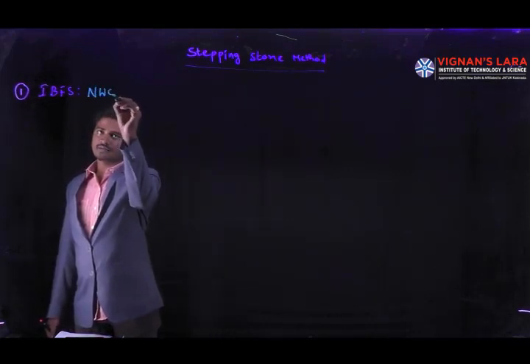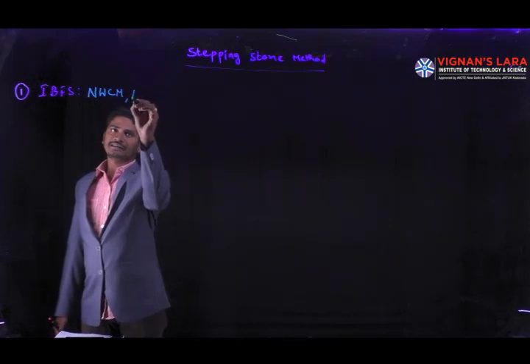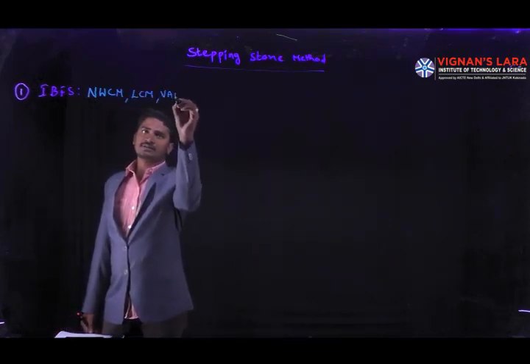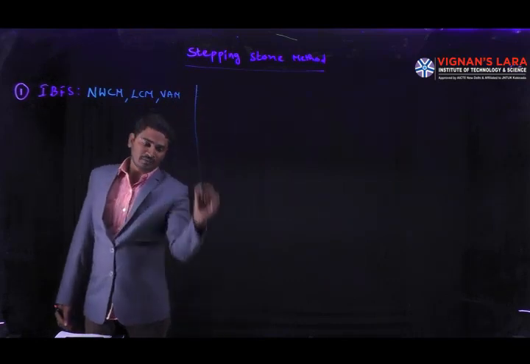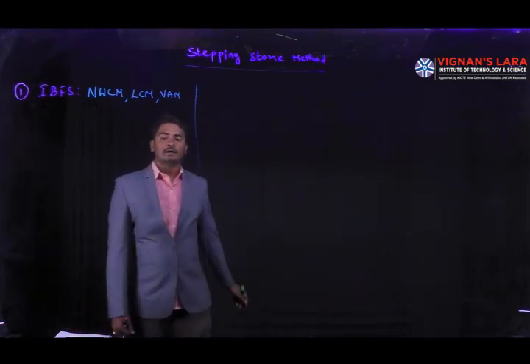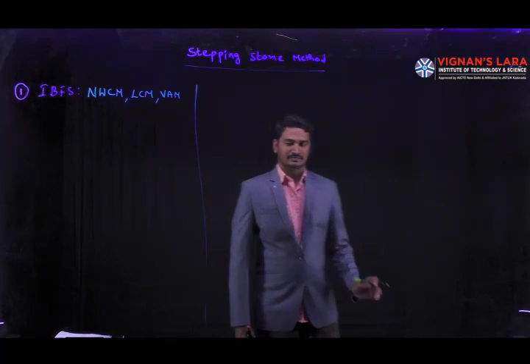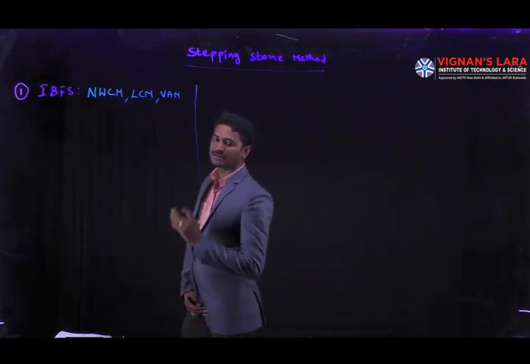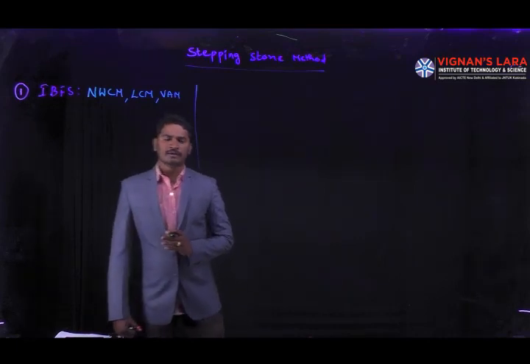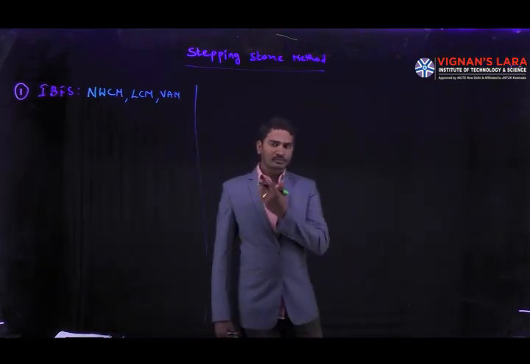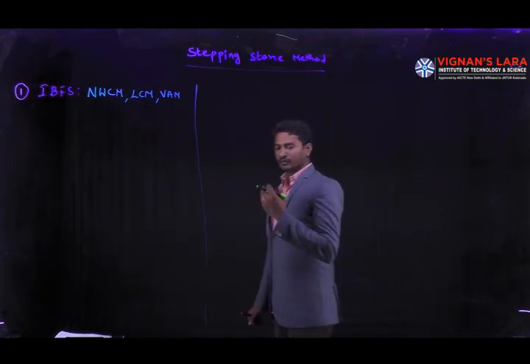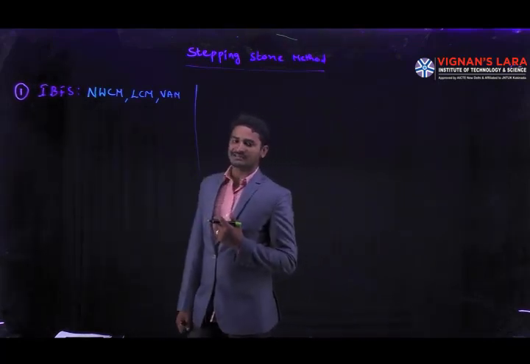Northwest corner method, least cost entry method, Vogel's approximation method. From these, Vogel's approximation method is best suited for industries. They choose this method because compared to the remaining two methods, we get accurate results.